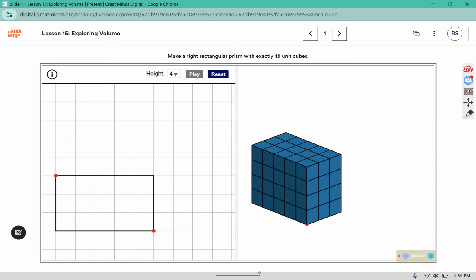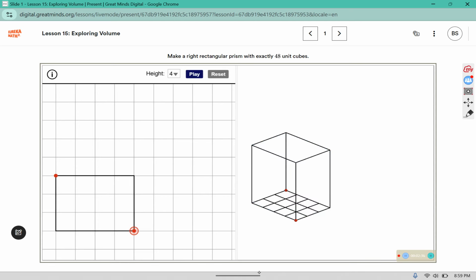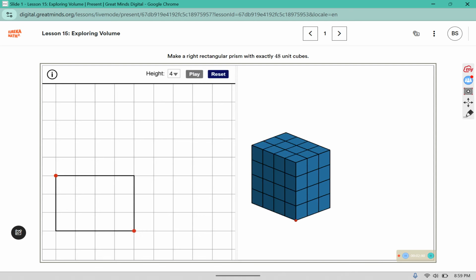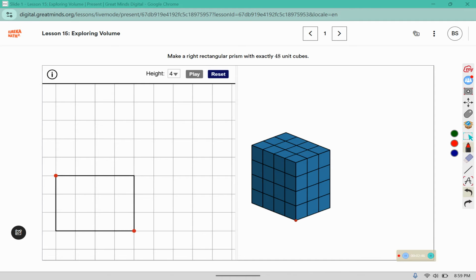Let's see, 15, 30, 45, 60. That's too much. What if I did a 3 by 4? That would put 12 on the bottom. 12, 24, 36, 48. Yeah, that does work. 3 times 4 times 4 does make 48.